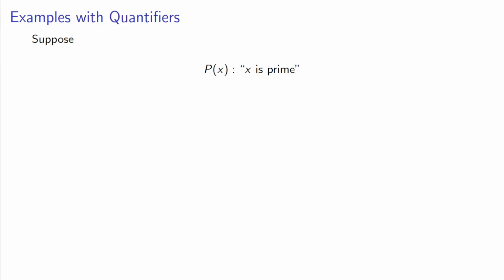So again, P of x is "x is prime." We could include a quantifier here, which says, for all x, P of x, so every number is prime. Now that is a statement. We don't have to plug a number in for x. It happens to be a false statement because not every number is prime, but it is a statement.